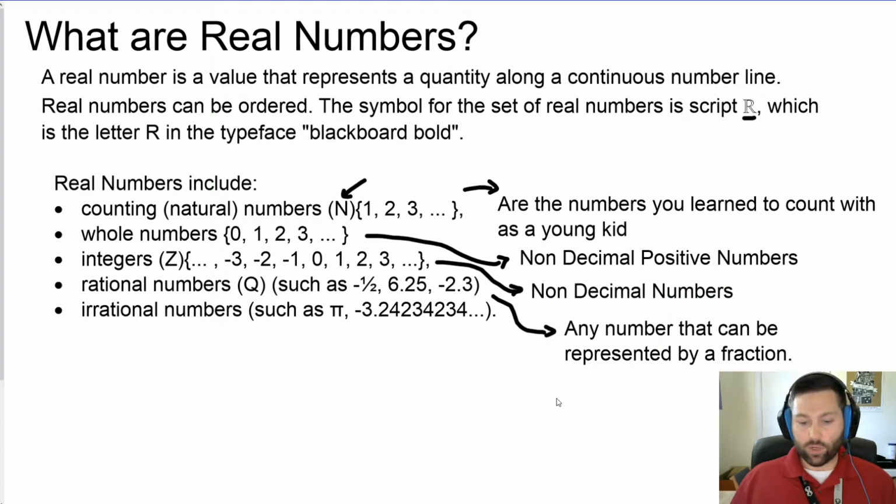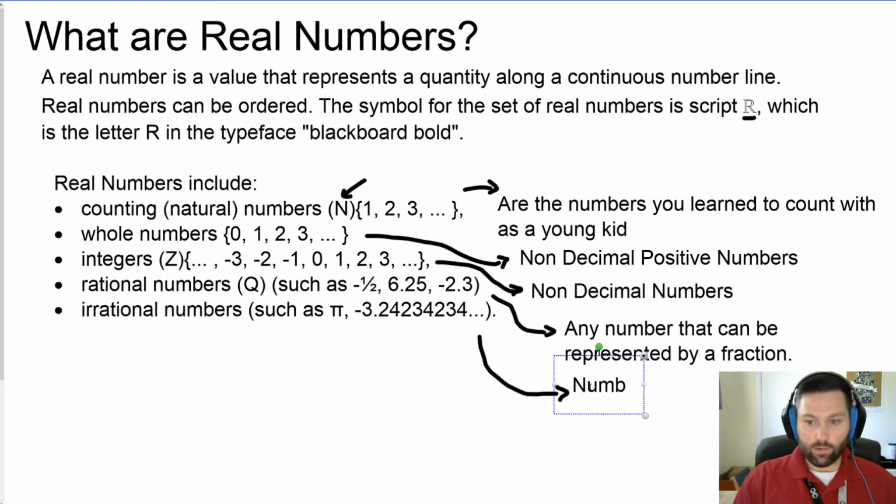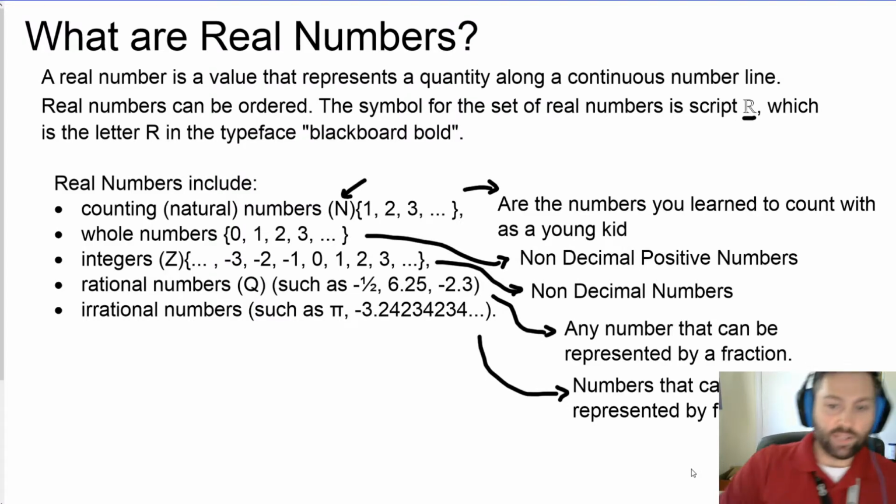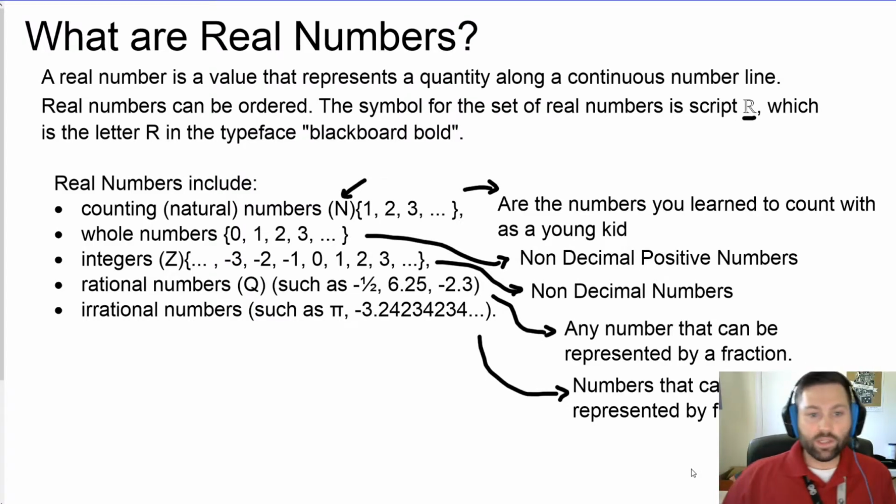And irrational numbers, the last of the bunch, are numbers that cannot be represented by fractions. So that's what real numbers are and those other subsets of numbers.